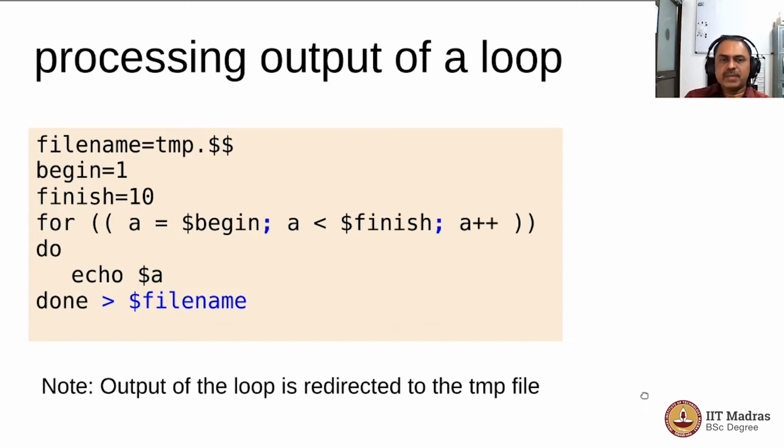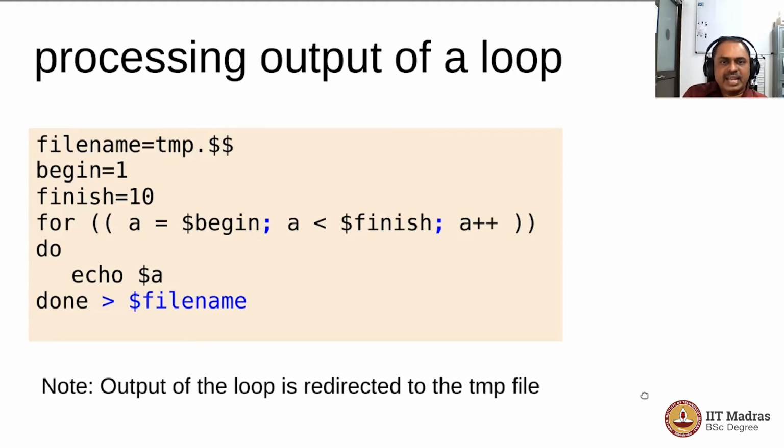Now there are sometimes requirements that the output of a loop is stored in a file so that it can be processed later. You can always split the script in such a way that you run the script, redirect the output of the script to a file, and then have another script look at that file to do further processing. So you can always split the job and do it in segments.